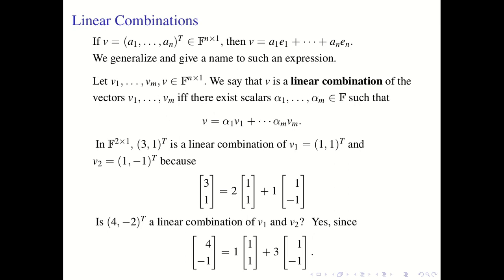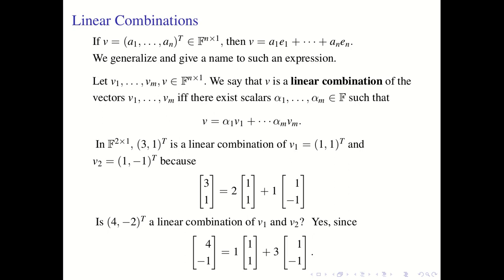For example, you can see that 3 1 is a linear combination of 1 1 and 1 minus 1, because 3 1 is equal to 2 times 1 1 plus 1 times 1 minus 1.